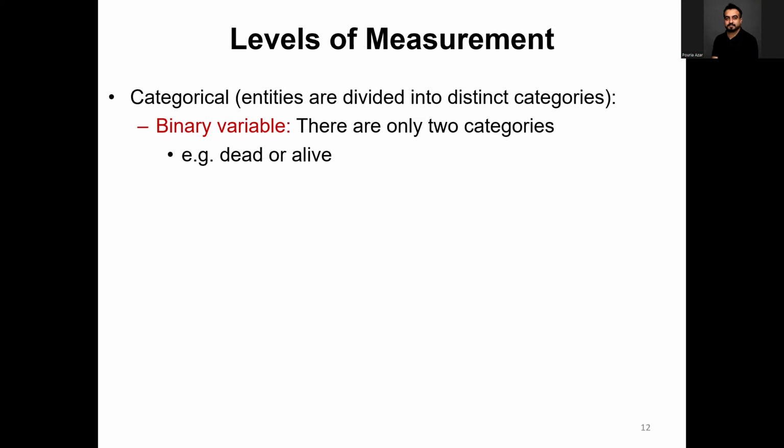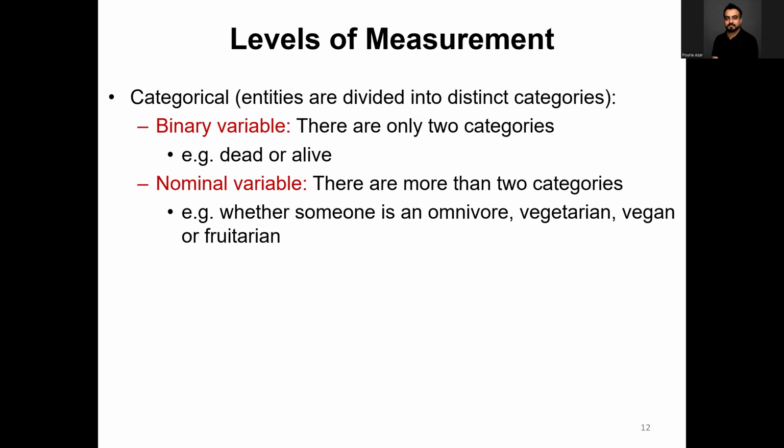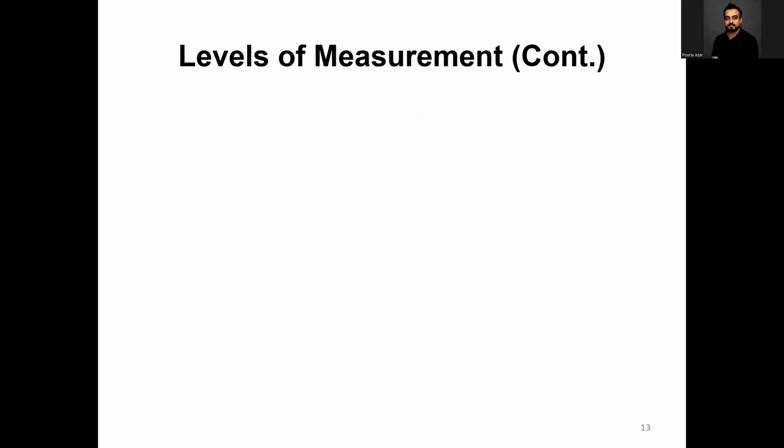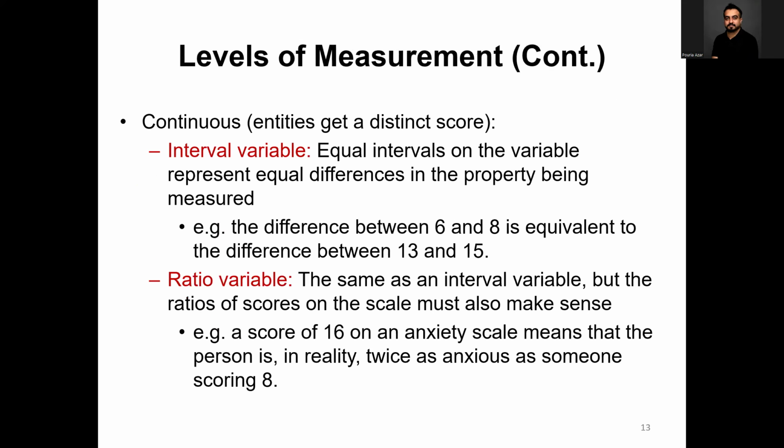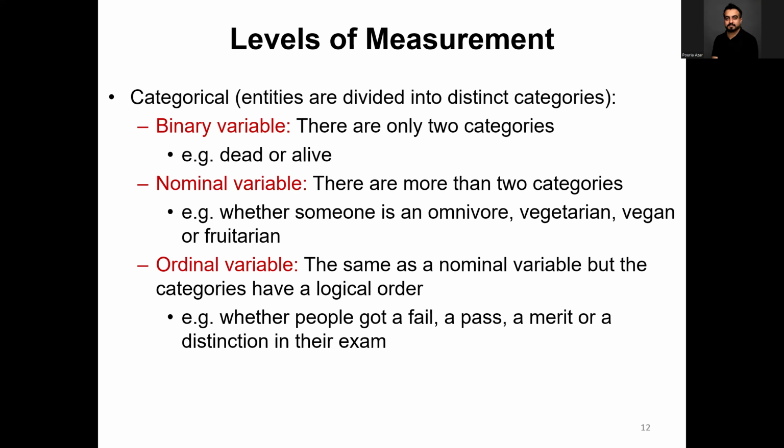Variables can be nominal variables, ordinal variables, interval variables, or ratio variables. So let's start with nominal variables. Nominal variables can be nominal variable or binary variable.